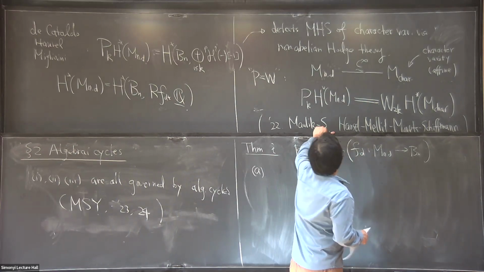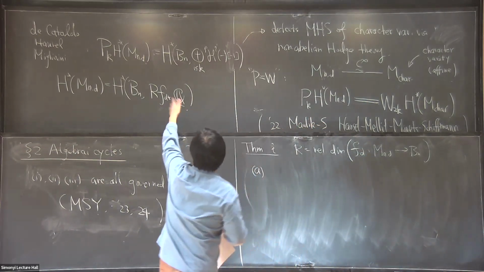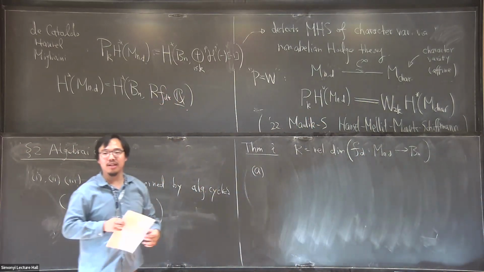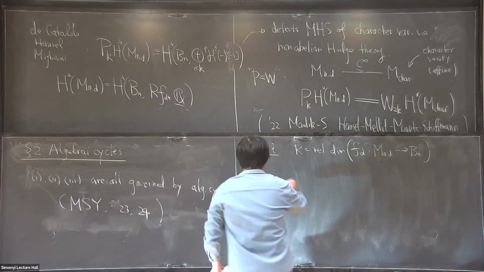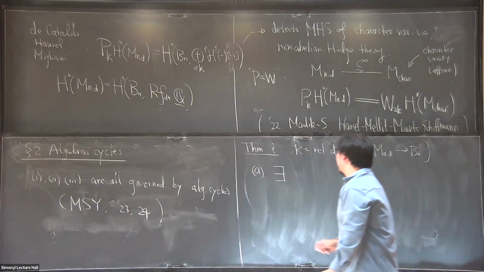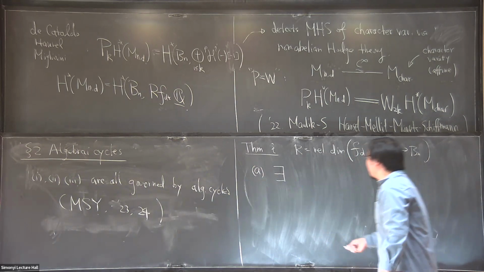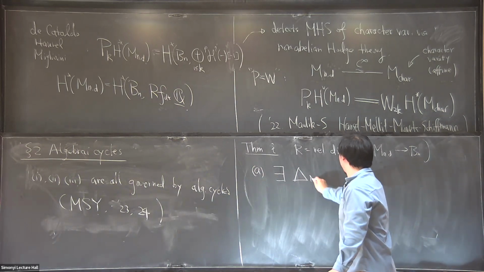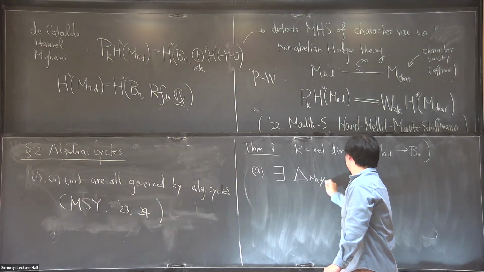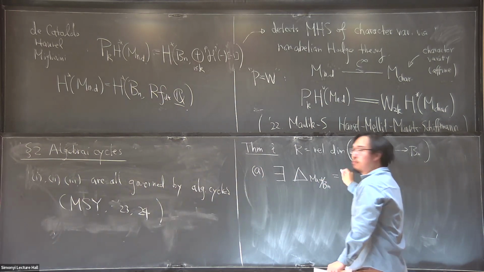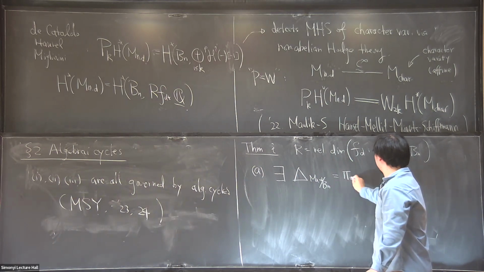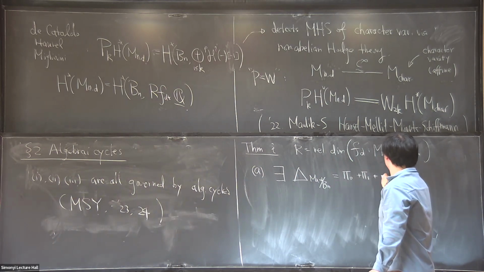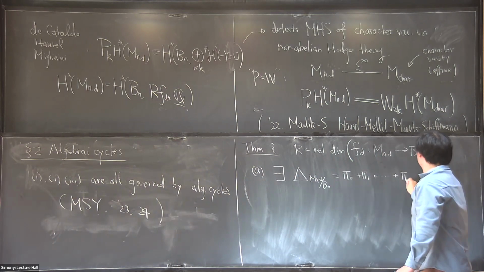There are motives which give you the decomposition of the push-pull complex. Let me say it in motive-free language. There exists a decomposition of the relative diagonal into projectors pi 0, pi 1, up to pi 2r.